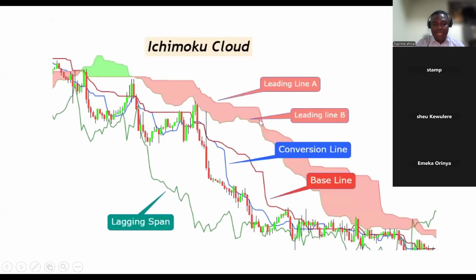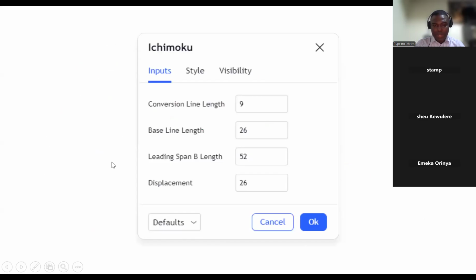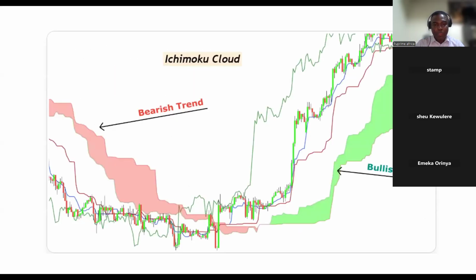The leading line A, the B is below the A, so it was a bearish trend. And we have a clearer one moving below. So here we have it. This is the leading line A above the leading line B, so we have a bearish trend. Here, the leading line A, this is A and this is B.